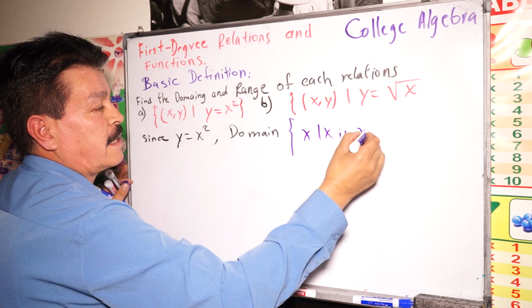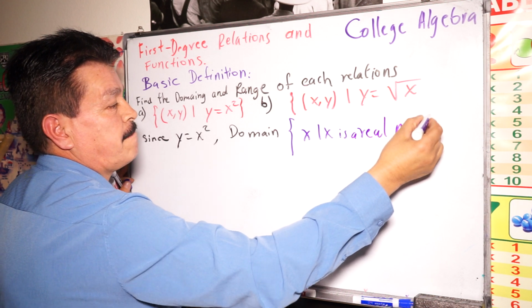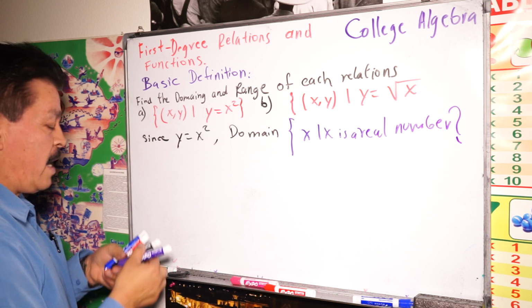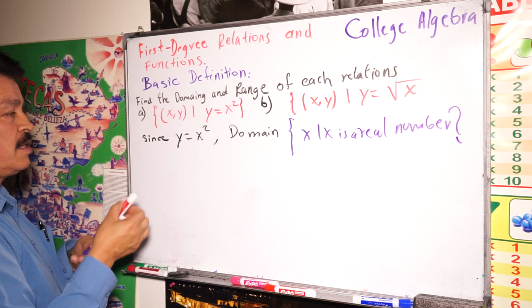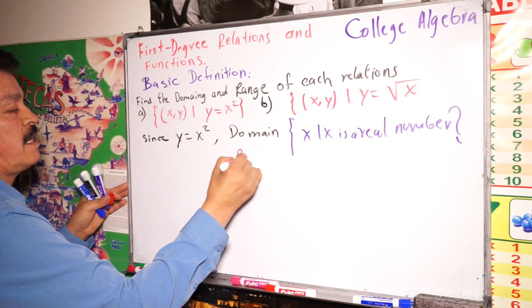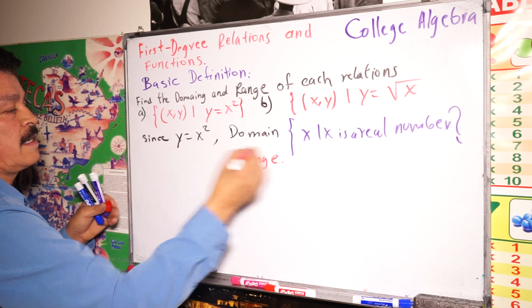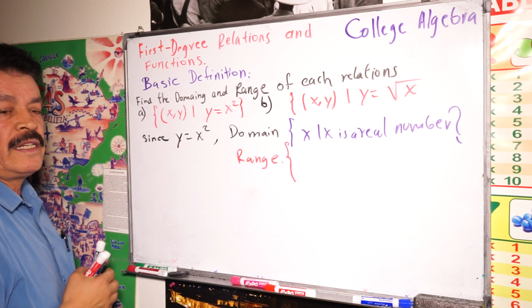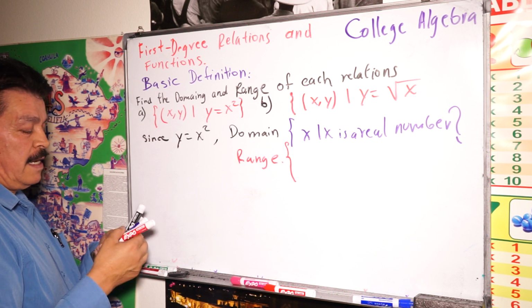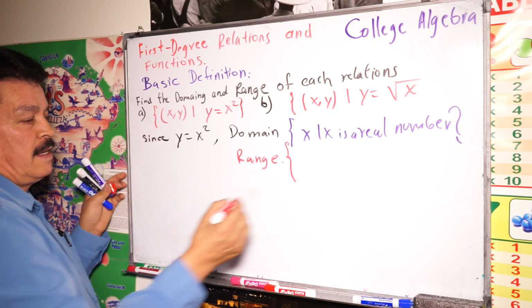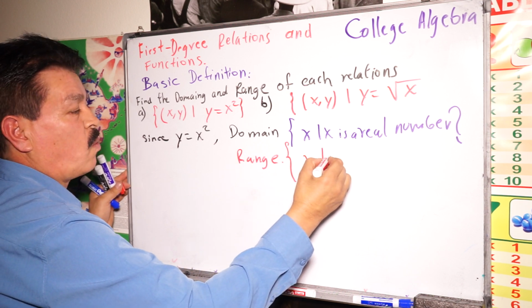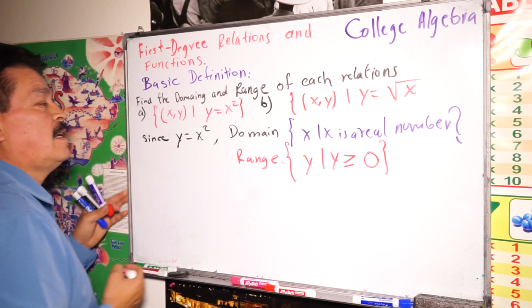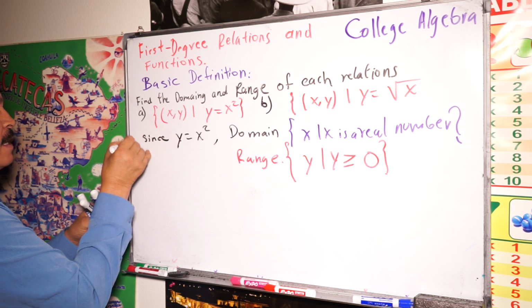That's the domain. The range can be written as the set of y such that y is greater than or equal to 0. That's the first problem, problem A.